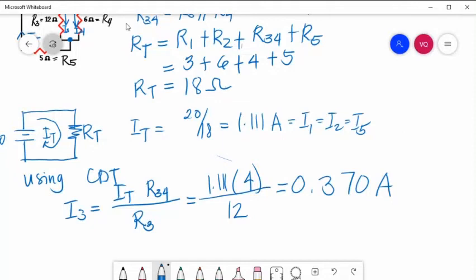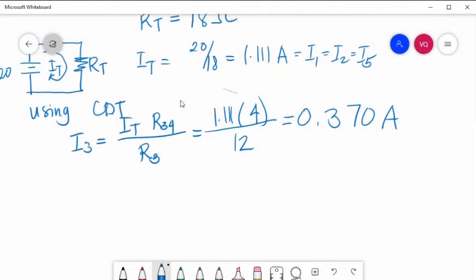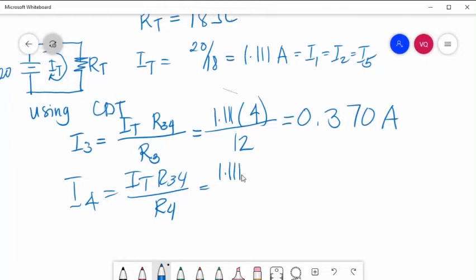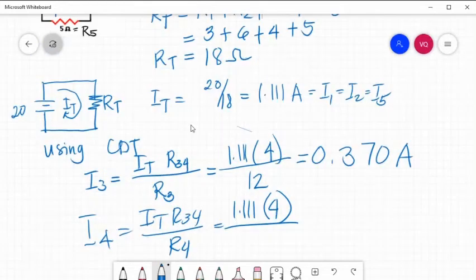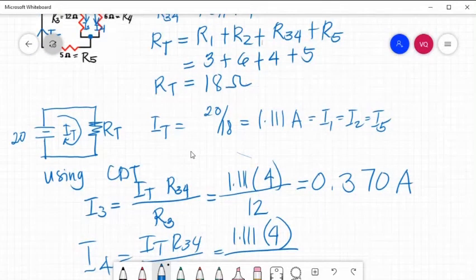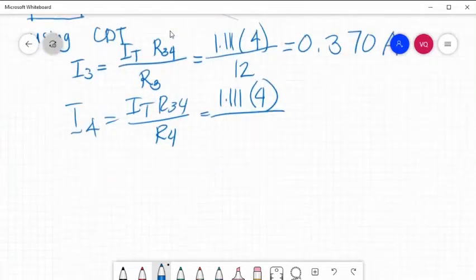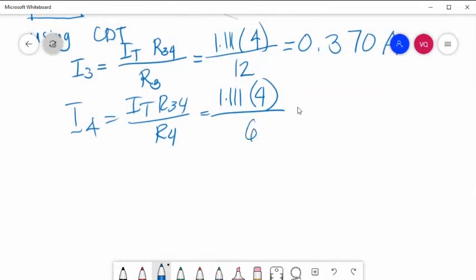Therefore, you can solve I4 using KCL or CDT na lang. So, I4 is equal to IT times R34 divided by R4. 1.111 times 4 divided by 6 amperes.